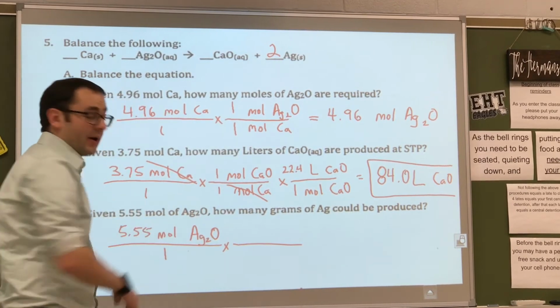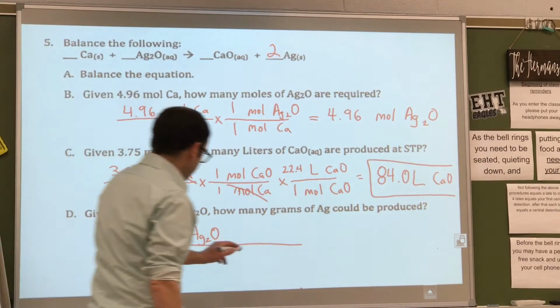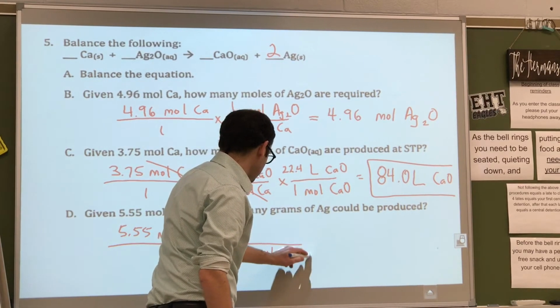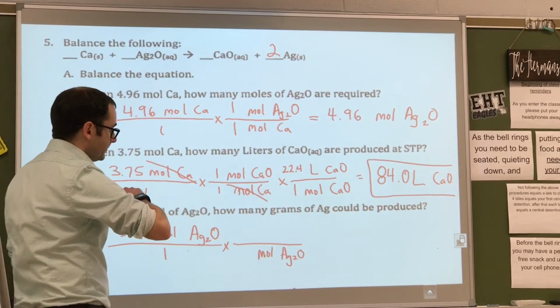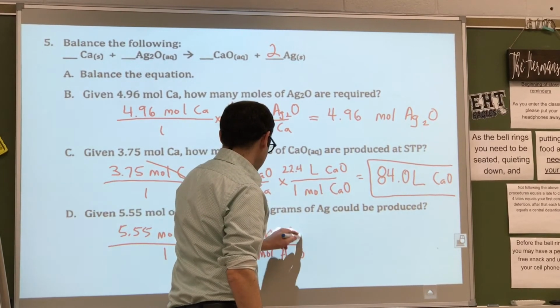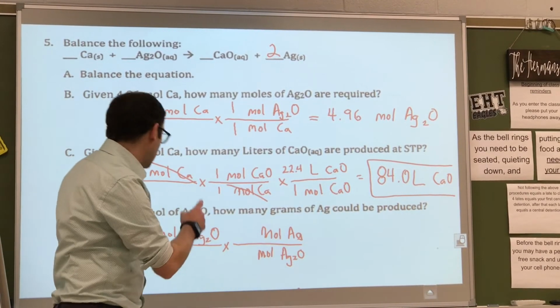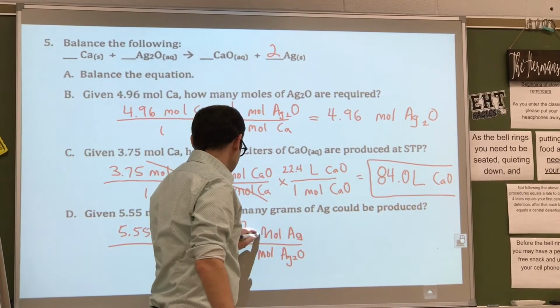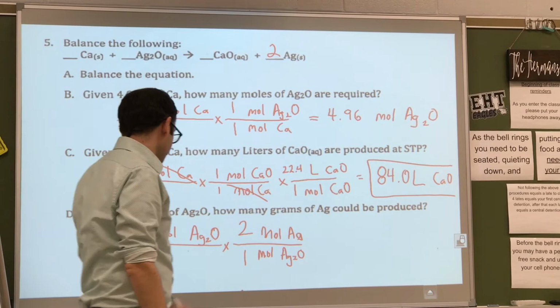What's going to go on the bottom? Good, moles of Ag2O. What's going to go on the top? Good, moles Ag. How many of each? Oh, okay, yeah. 2 and 1, good.